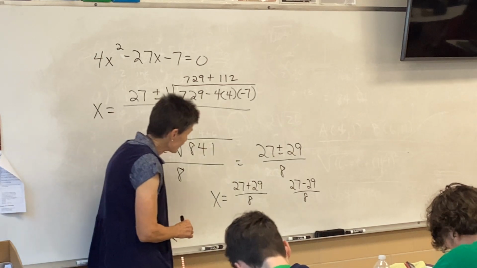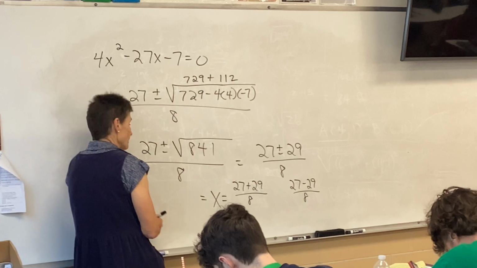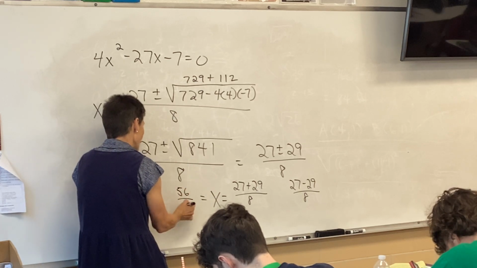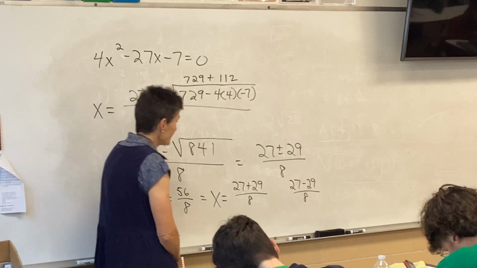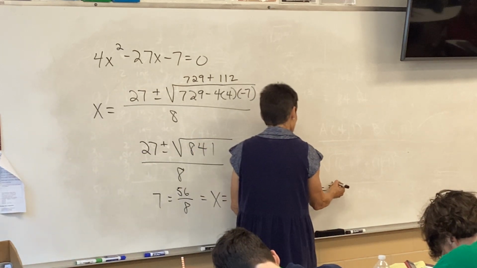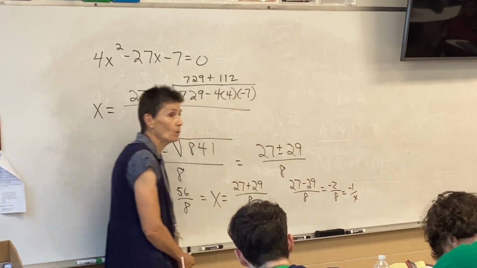So what's 27 plus 29? 56 over 8, which is 7. And the other one is negative 2 over 8, which is negative 1/4.